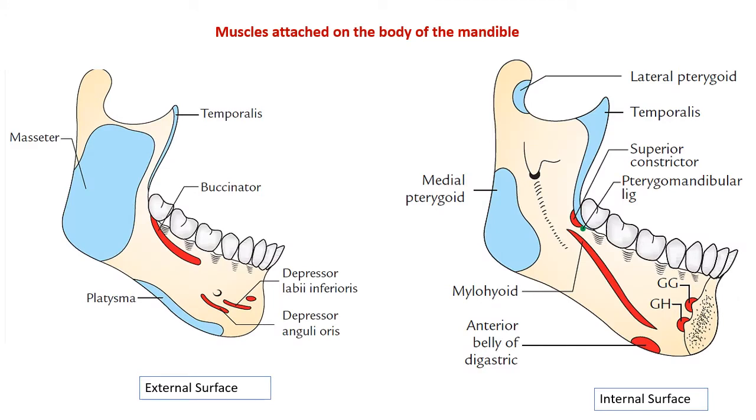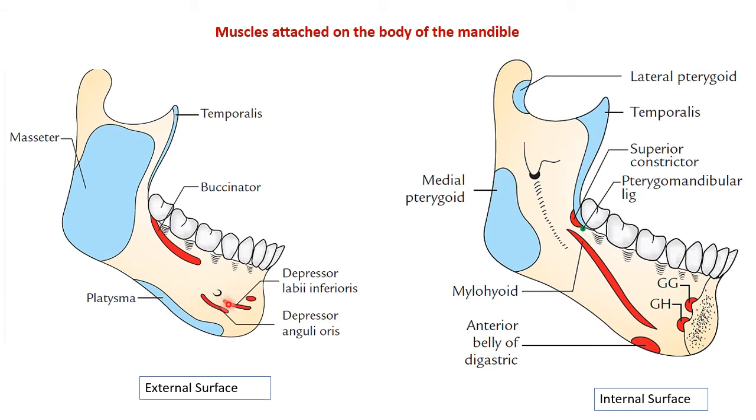Now we will discuss the attachment of muscles on the body of the mandible. This is the external surface of the body of the mandible, and this is the internal surface of the body of the mandible. From the external surface, just below the three molar teeth, arises the buccinator muscle, and on the lower border or the base of the mandible is inserted the platysma muscle.